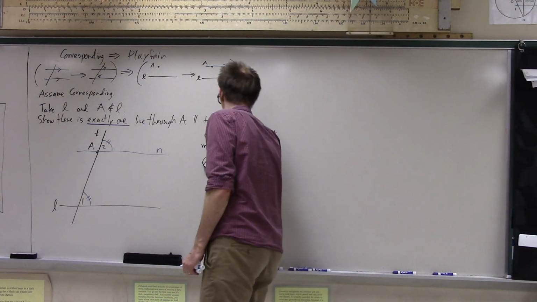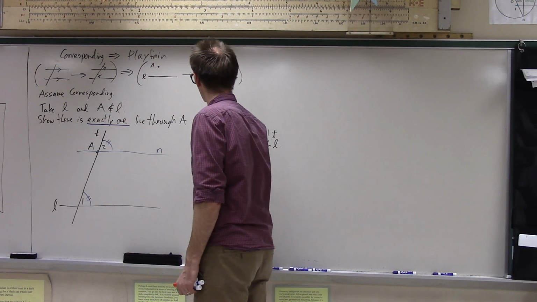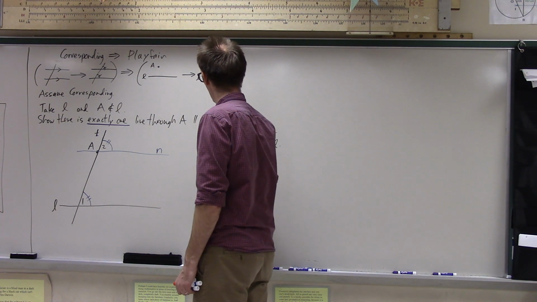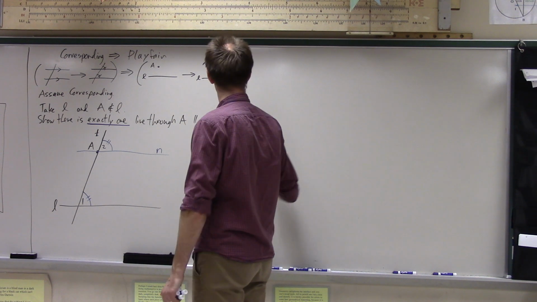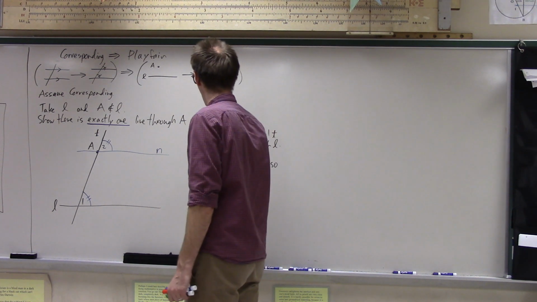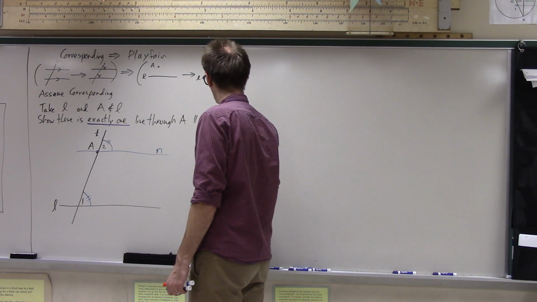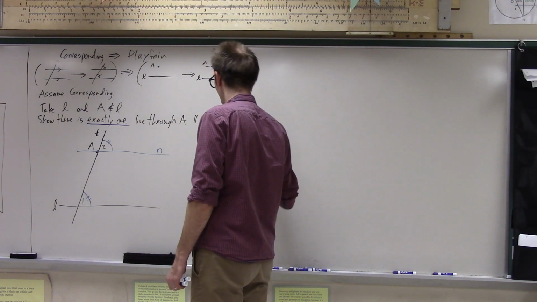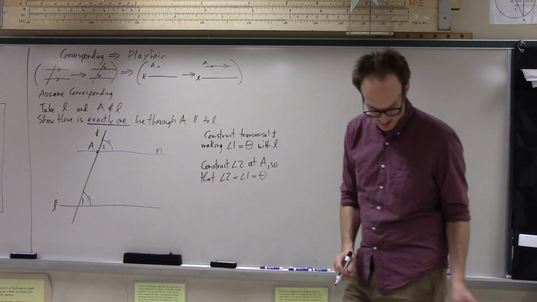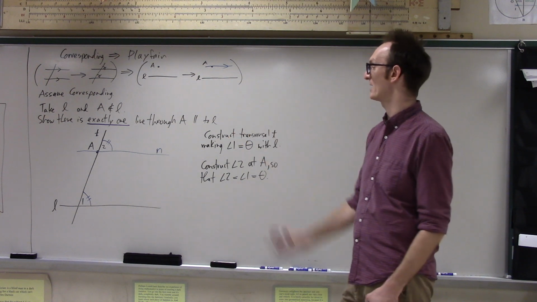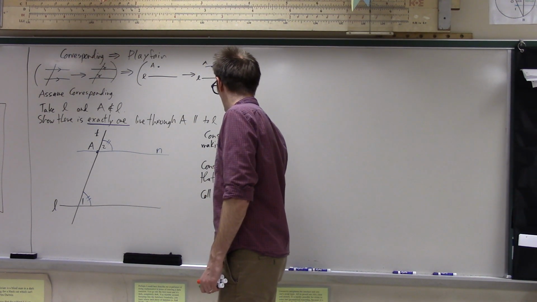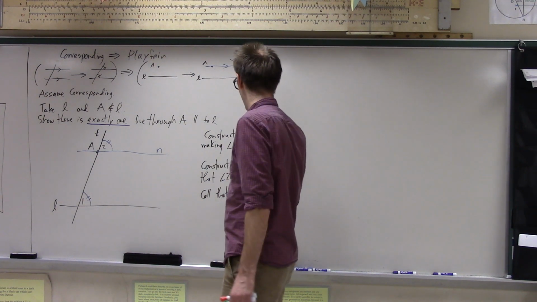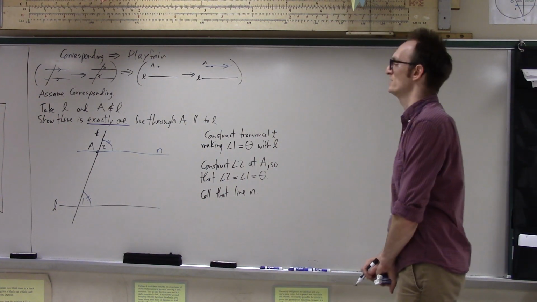Construct angle 2 at A so that angle 2 equals angle 1 equals theta. So it's just going into more detail about explaining what we did here, and call that line L. Call that line N.